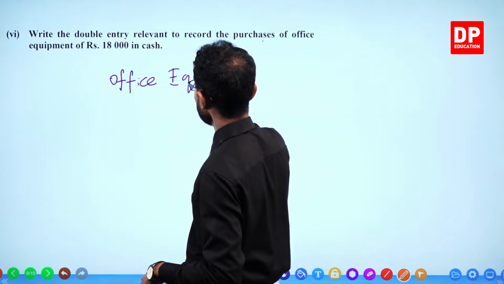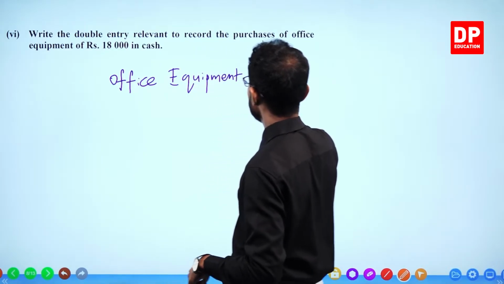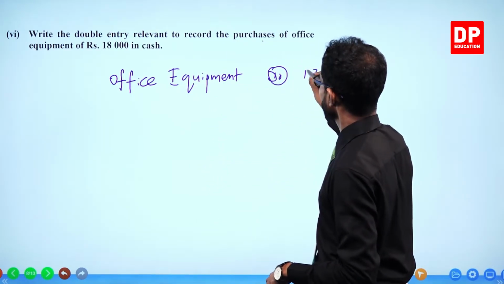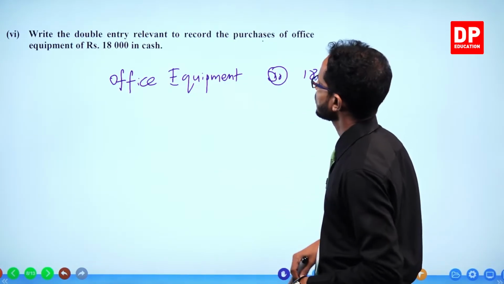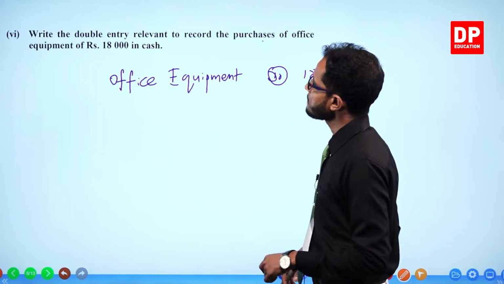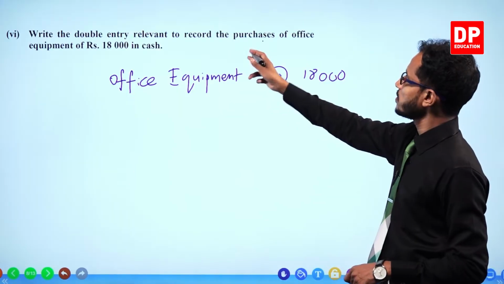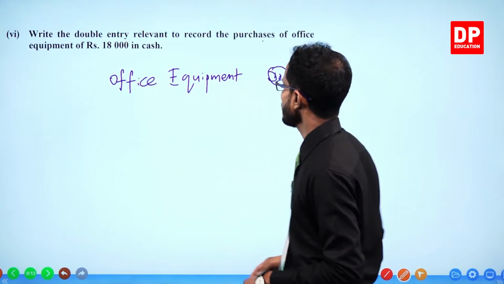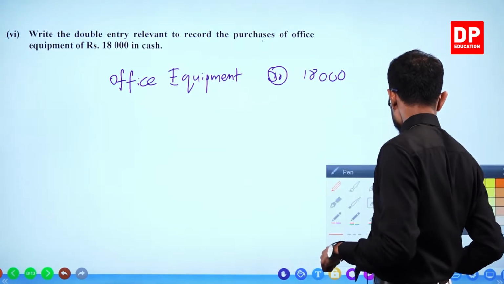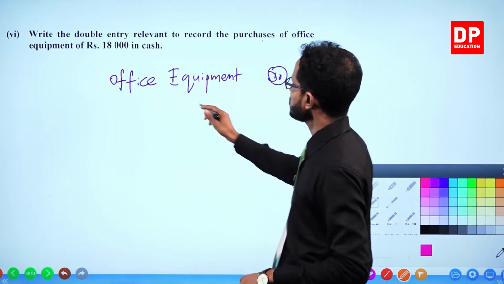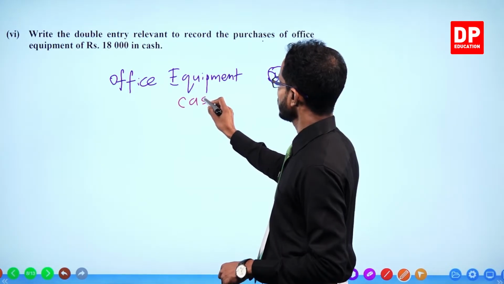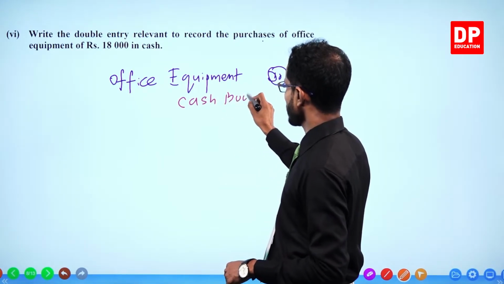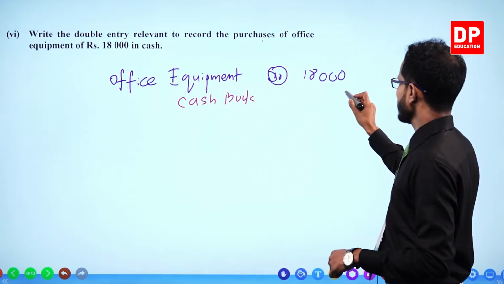That's why we debit the office equipment 18,000. To record the purchase of office equipment 18,000: office equipment debit, cash book or cash account credit 18,000.